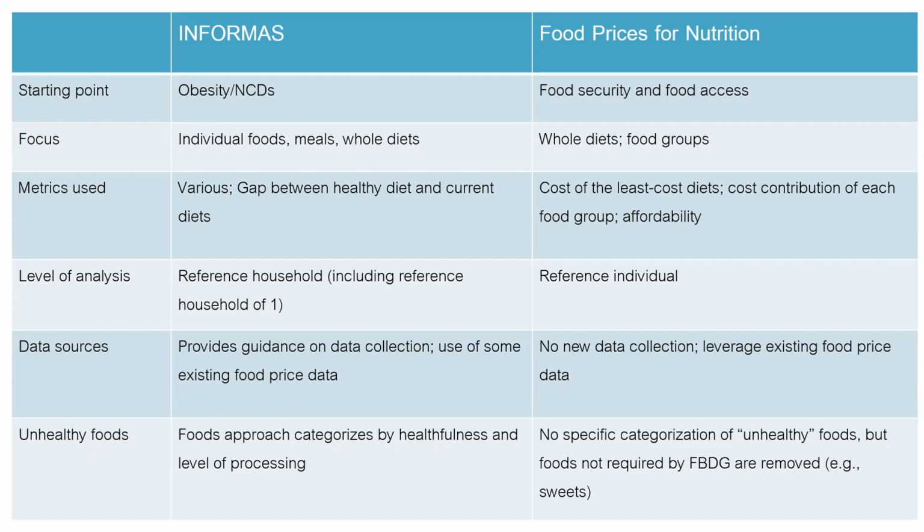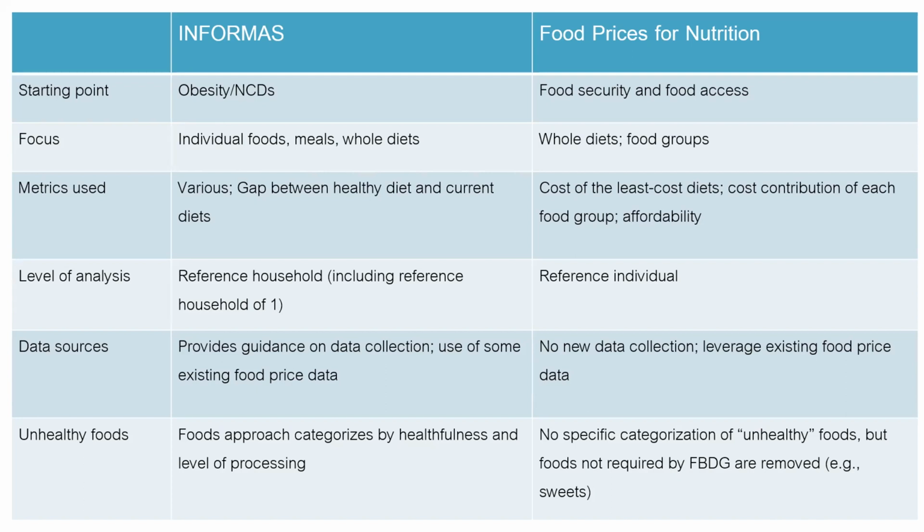That's not something that specifically happens within the food prices for nutrition approach. There's no specific categorization of unhealthy foods and comparison of them. But as I mentioned, foods that are not required by the food-based dietary guideline are removed. So for example, sweets or alcohol are not included in the cost of a healthy diet, even if those things are being consumed within the population.